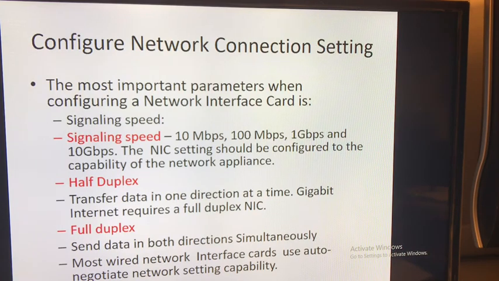So at this point, all the new network interface cards are full duplex, because a full duplex network interface card can send and receive information at the same time. The same network interface card that is half duplex may be able to work in full duplex, but you have to go to the setting to make sure you set that network interface card to work in full duplex.